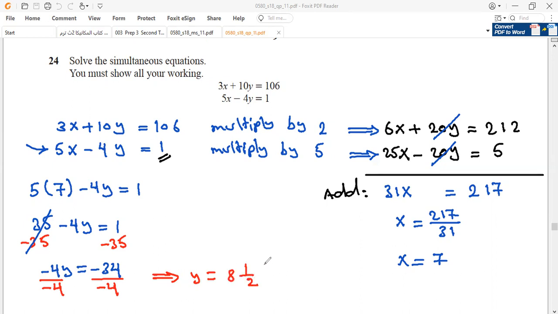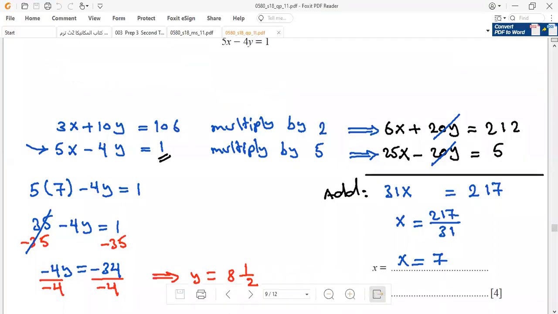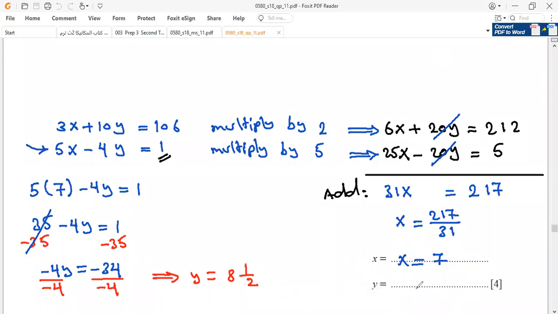So the values of x and y are 7 and 8 and 1 over 2. We should write the values here. x equals 7 and y equals 8 and 1 over 2, or you can write it 8.5.